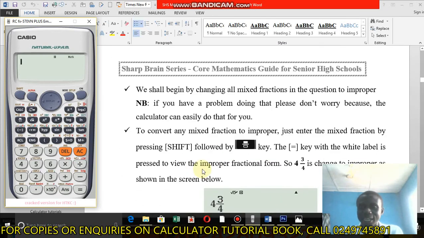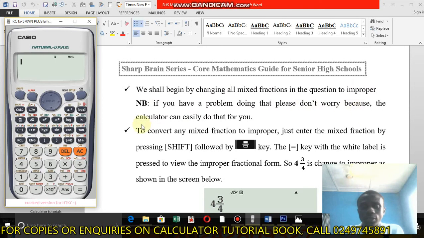Now that we are convinced of the answer, let us work toward the answer in session B. We are not going to jump any steps. We are going through the needed steps to gain all our maximum marks in the theory paper. We shall begin by changing all mixed fractions in the question to improper.